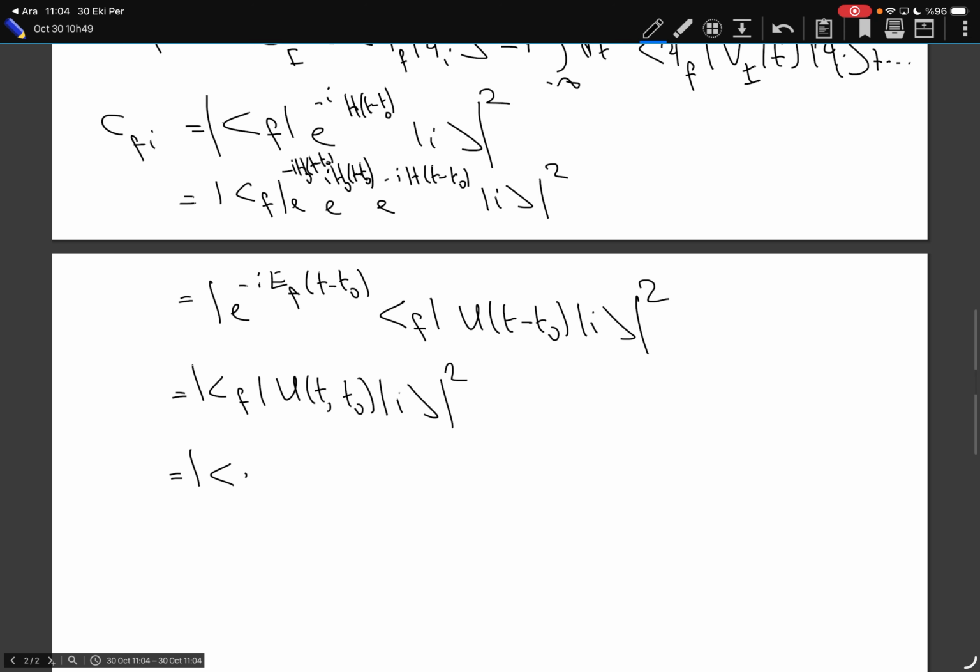So if I am interested in probabilities, I can do the same thing in the interaction picture, as long as I stick with eigenstates of H0. The probabilities will be the same whether I calculate them in the Schrödinger picture or the interaction picture. The probabilities, not the amplitudes. The amplitudes will differ by a phase. An infinite phase, but a phase, so the absolute value is just 1.